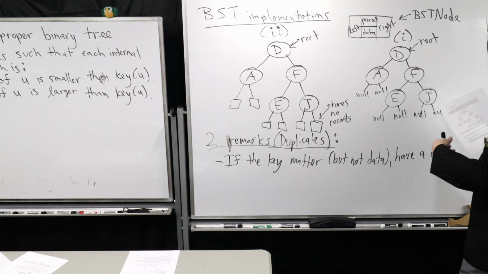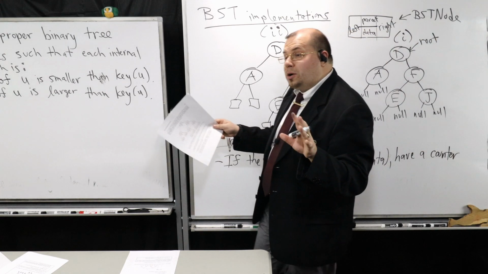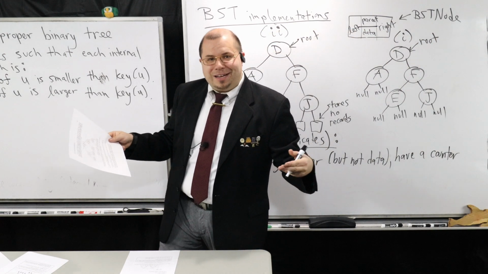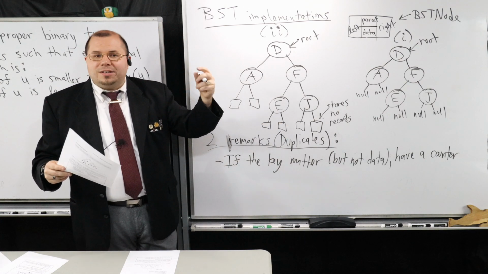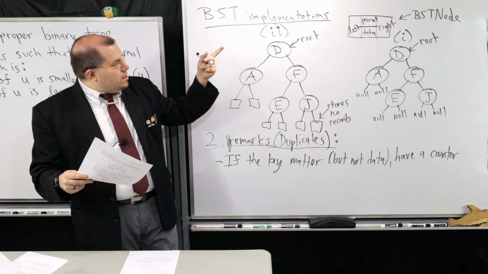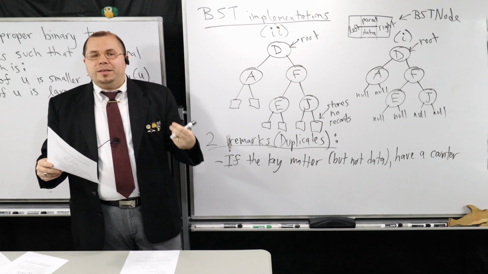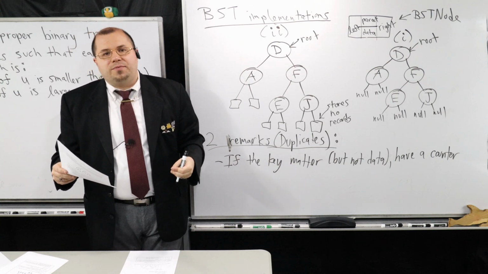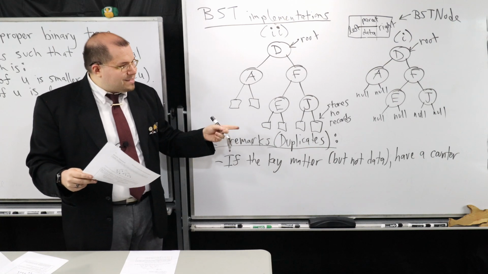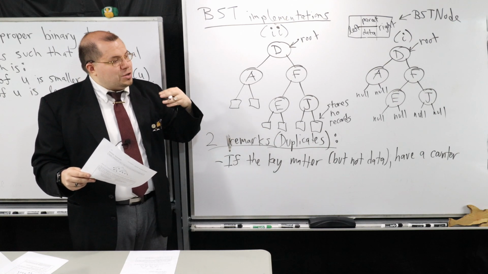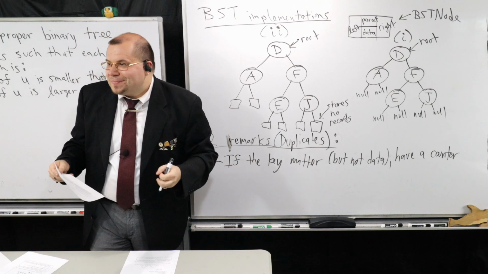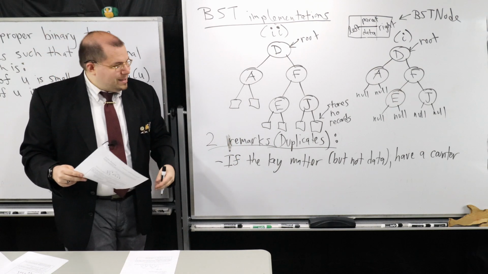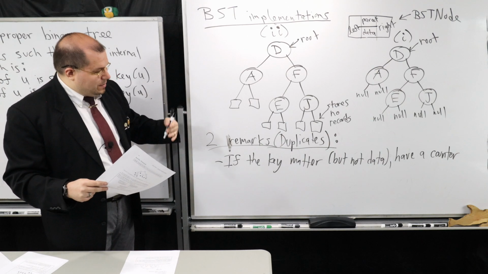If a duplicate key comes in, you just increment this counter every single time you get an insertion with that given record. The only thing that will change in our algorithms is if you do a removal, you'll decrement this counter down until, if you're at 1, then you know you actually have to get rid of the node. So that's how you can deal with duplicates if the data doesn't matter.